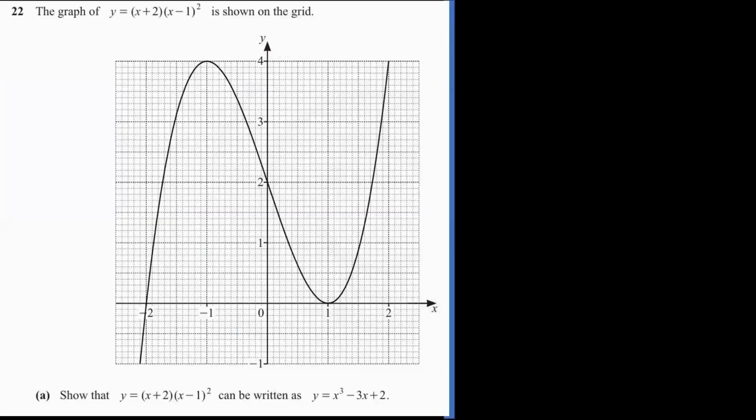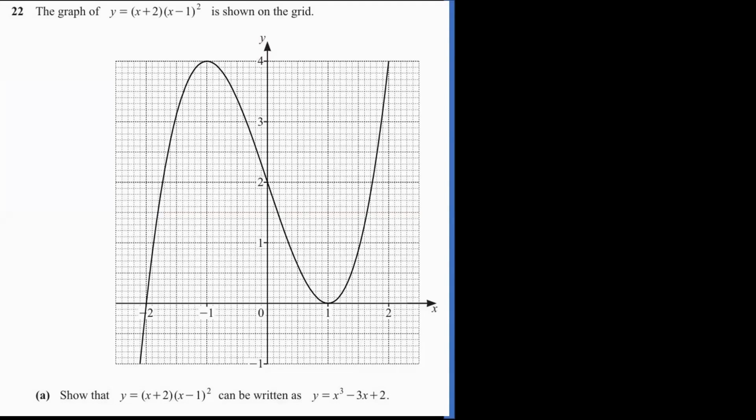Question number 22, the graph of y equals (s plus 2)(s minus 1) squared is shown. So this is a cubic function, cubic graph. And so we are to show that we can rewrite this as y equals s cubed minus 3s plus 2.